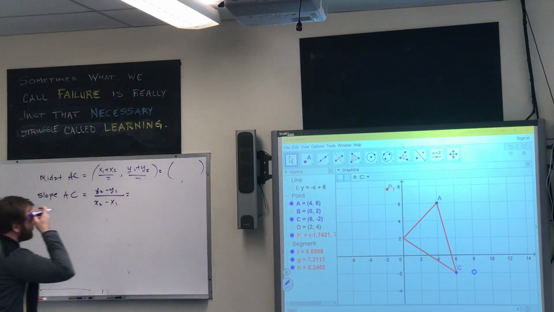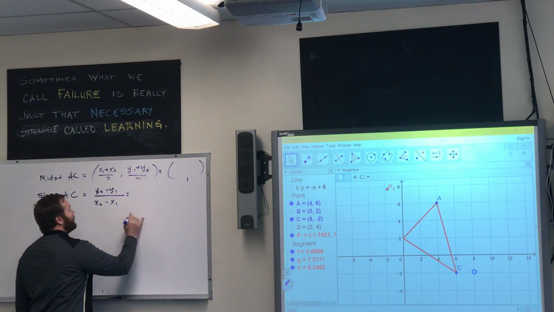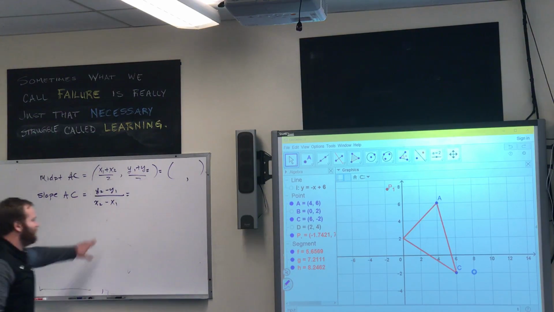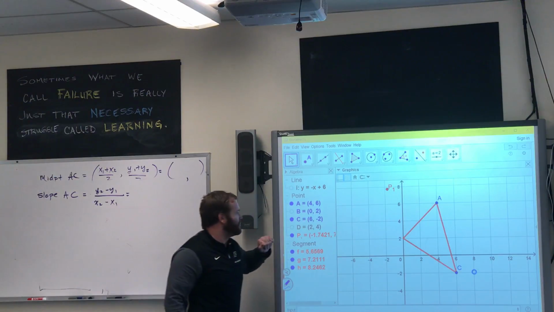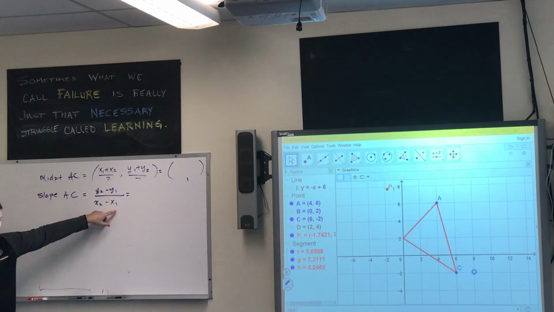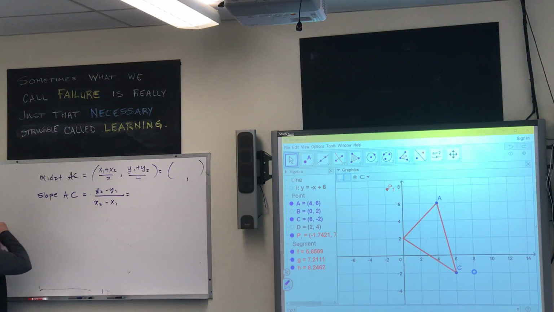So would it be 4 minus 6 on the top? Doing the slope? Well, your x's are 4 and 6, so that should be on the bottom. What is A's ordered pair? 4, 6? Yes. And C is 6, negative 2? Yeah.